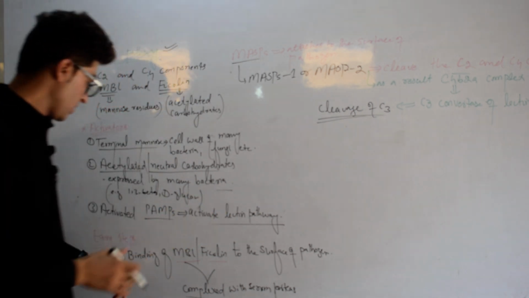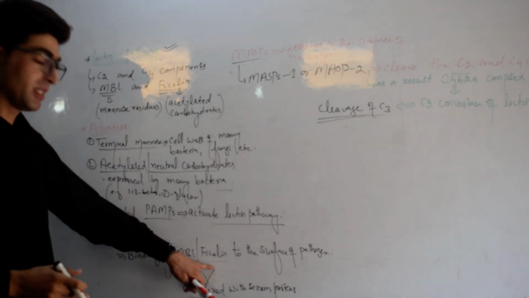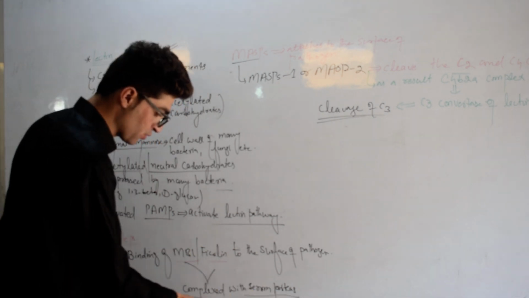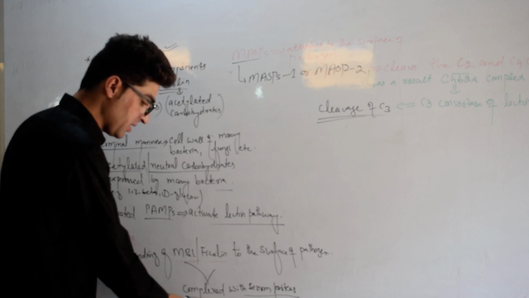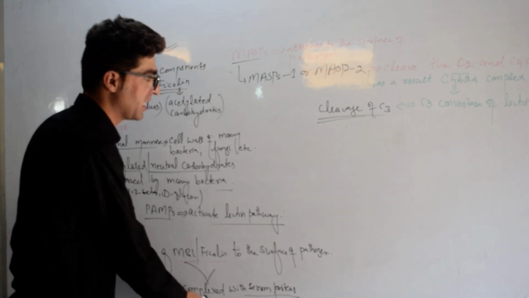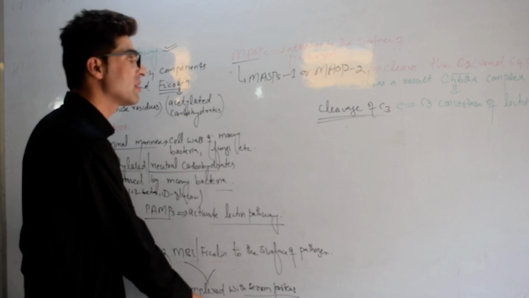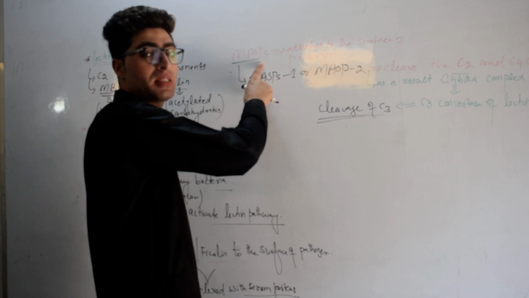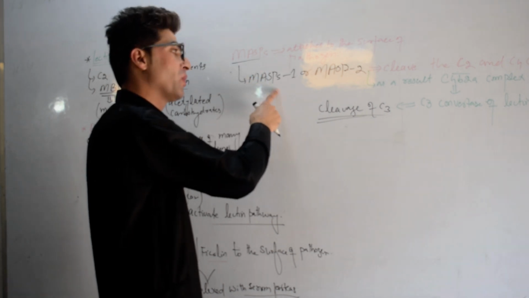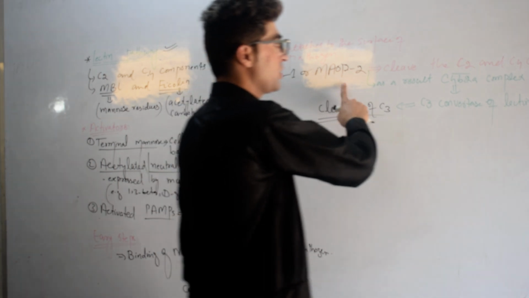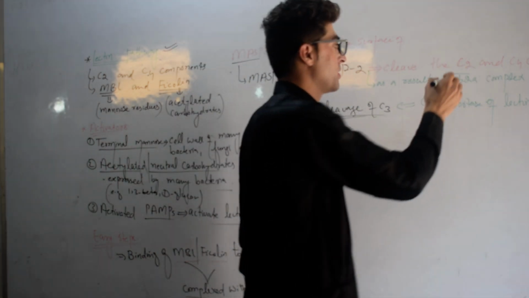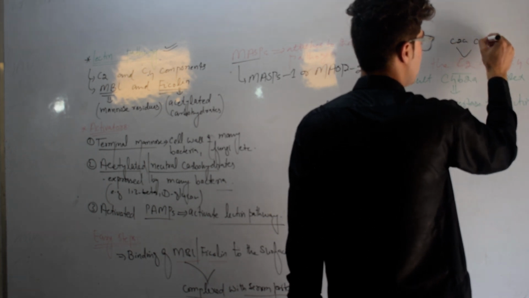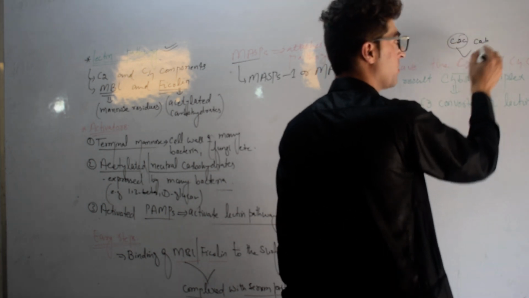So what happens actually? The MBL and ficolin are found in blood in complex form with serum protease, which we call the MASPs, mannose associated serum protease. When these MASPs bind to the surface of pathogens, one of them, MASP1 or MASP2, cleaves the C2 and C4 components. C2 is cleaved into C2A and C2B. The C2A is a larger fragment and C2B is smaller.